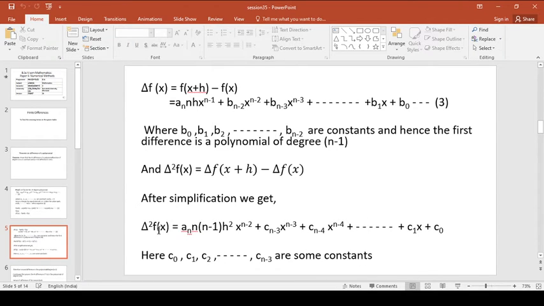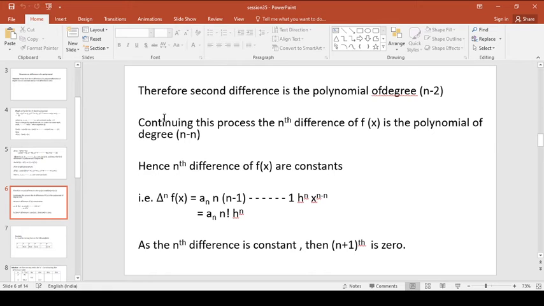And by seeing this we can observe that the second forward difference of f of x is a polynomial of degree n minus 2. So continuing this process, the nth difference of a polynomial f of x is of degree n minus n.